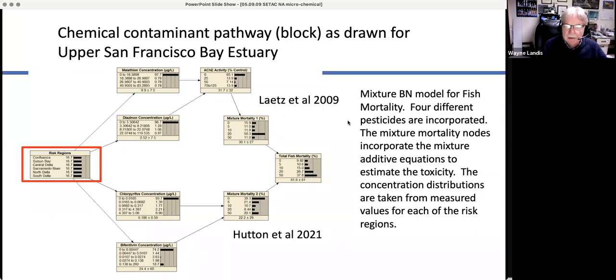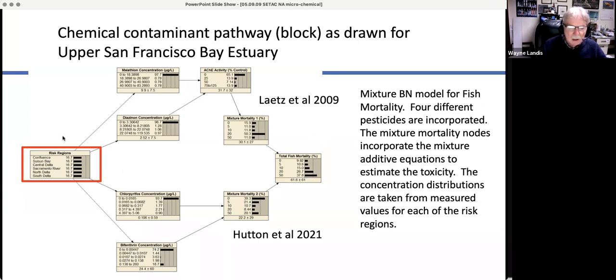This is our technical contaminant pathway, specifically drawn for the upper San Francisco Bay Estuary. Eventually, we're going to be talking about delta smelt, not at this part of CTAC, but eventually. We have the risk regions, the different parts where they're broken up within the area that we're studying.